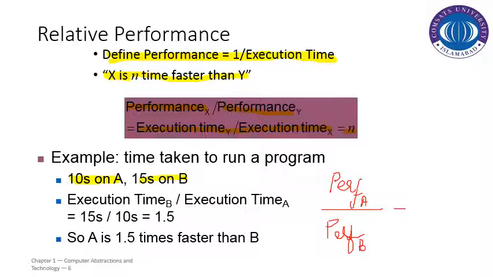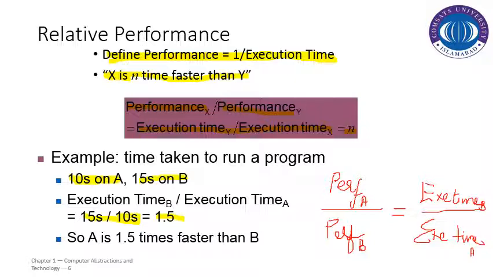which is equal to, if we take the reciprocal of the execution time, execution time of B divided by execution time, or the response time, of A. So in our particular case, 15 seconds divided by 10 seconds equals 1.5.